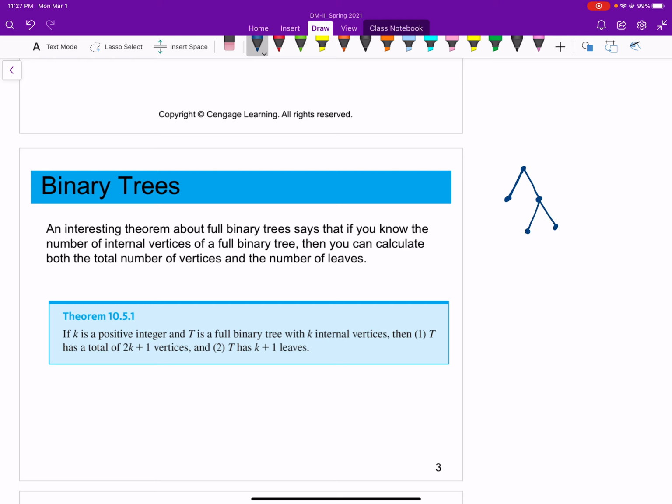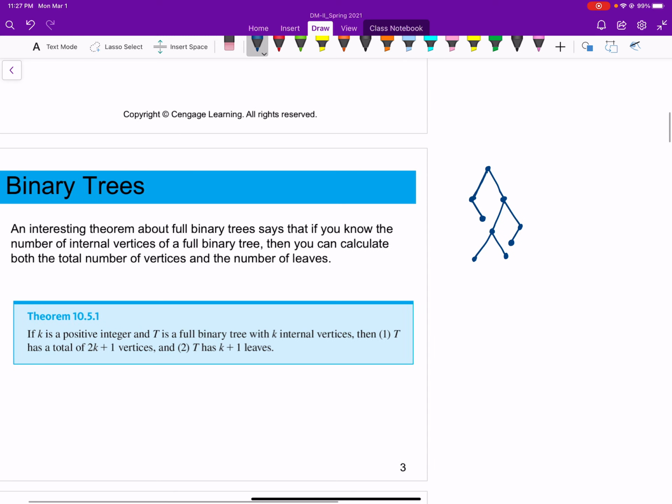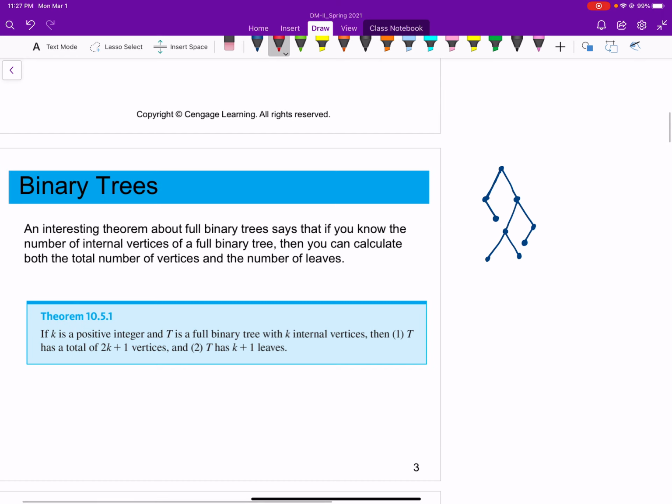This is a binary tree. Sometimes it might have one child too. So one child case, another one child case. It can have maximum two children. So this is a binary tree.